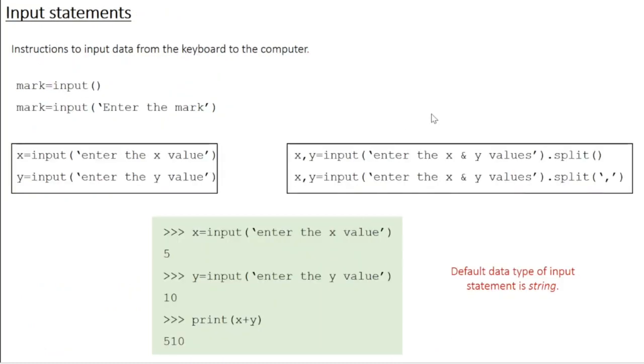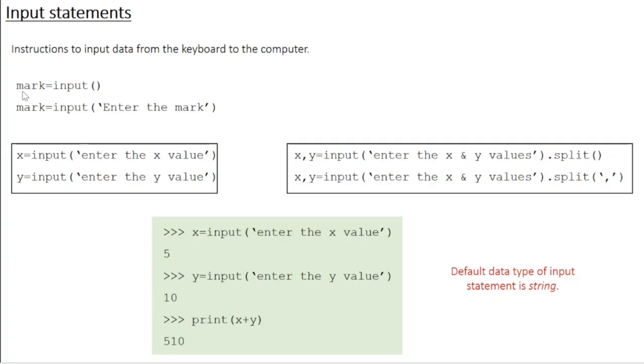Let's now get familiarized with the various functionalities in Python. Most of the time you start your program with inputting some data into a program, right? Usually you input data from your keyboard, and the instruction which is used for inputting is known as an input statement.